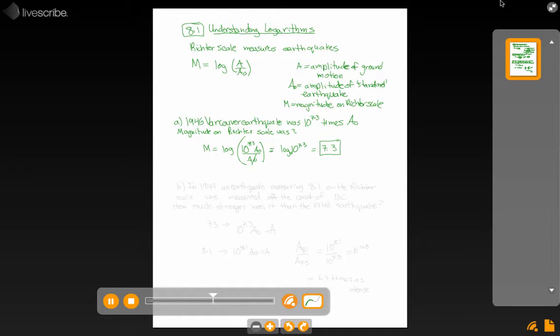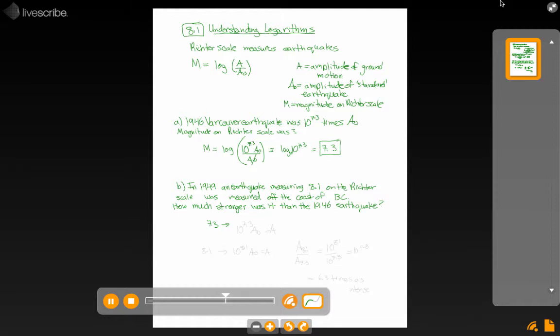Now the second example talks about an earthquake a few years later that was even a little bit bigger. We're told that this earthquake in 1949 was an 8.1 on the Richter scale, again measured in BC somewhere off the coast, and apparently one of the strongest, if not the strongest, ever measured in Canada.